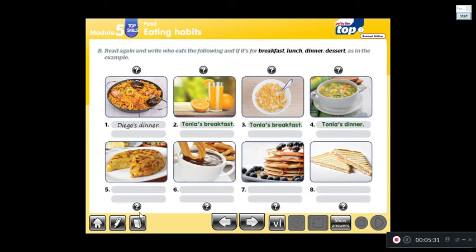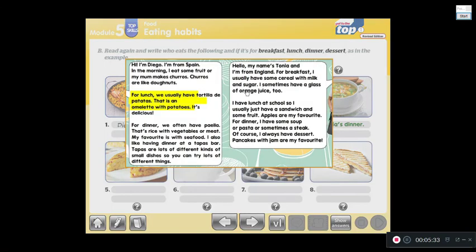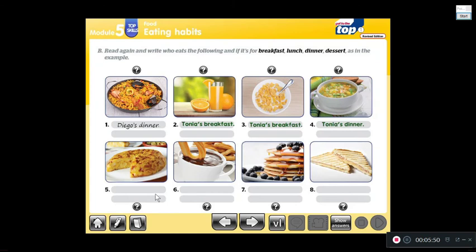This is the omelette. Okay, so we're talking about Diego in this case. Diego for lunch. He said for lunch we usually have tortilla de patatas. And this is an omelette with potatoes. So this is gonna be Diego's lunch. Okay, Diego's lunch.